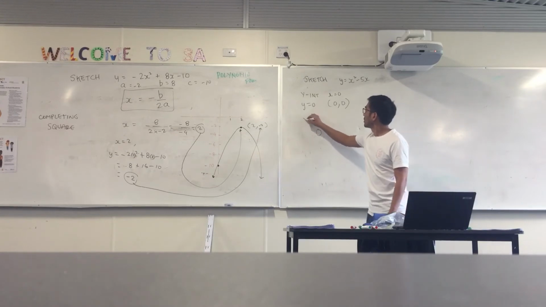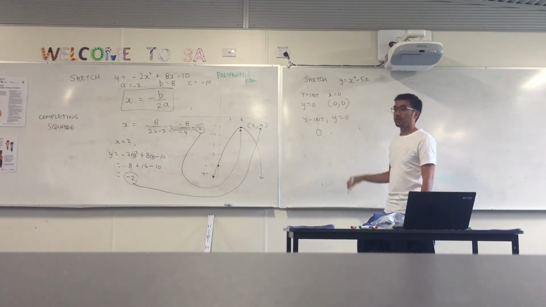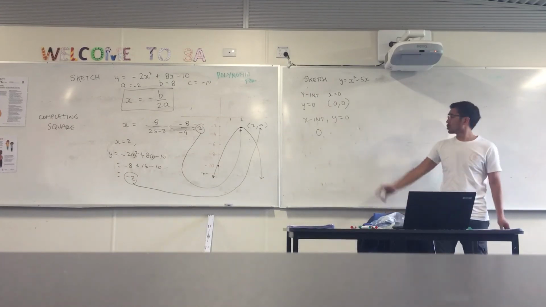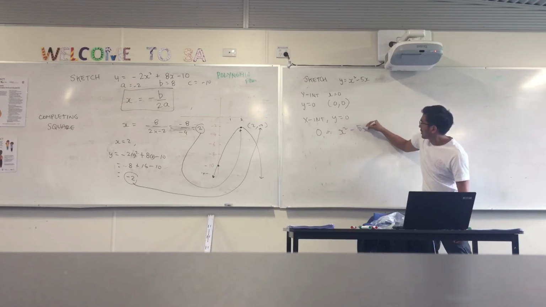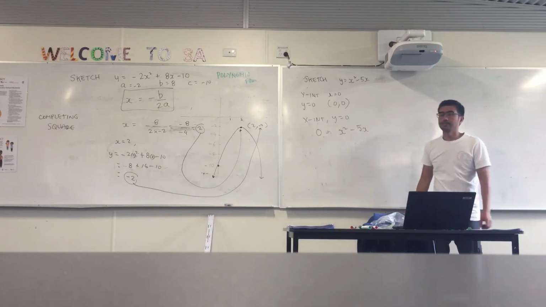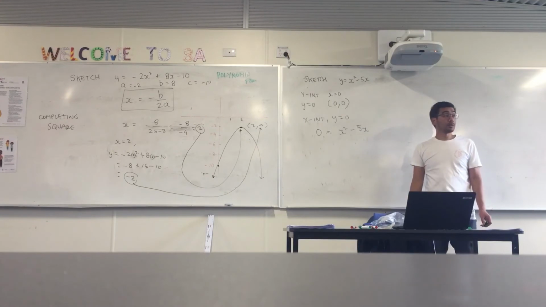So 0 equals x squared minus 5x. What can I do now?